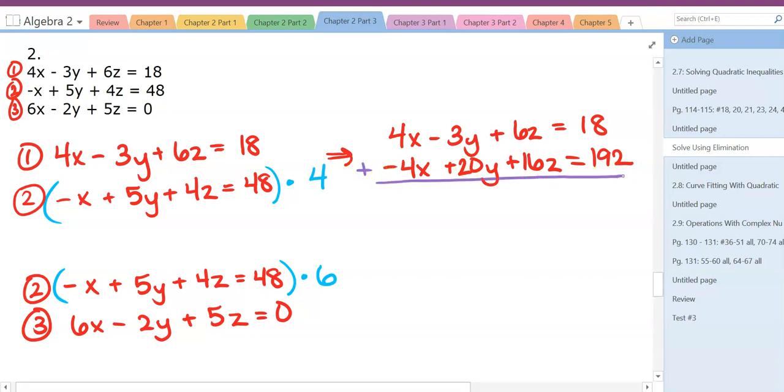So we're going to add. The x's are going to eliminate. What's negative 3 plus 20? So we have 17y. What's 6 plus 16? So plus 22z. And then 18 plus 192 is going to be 210.